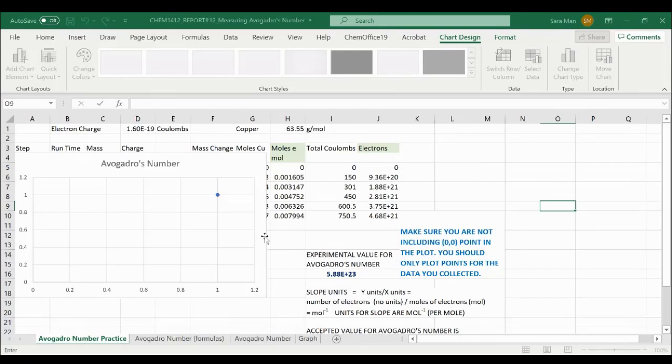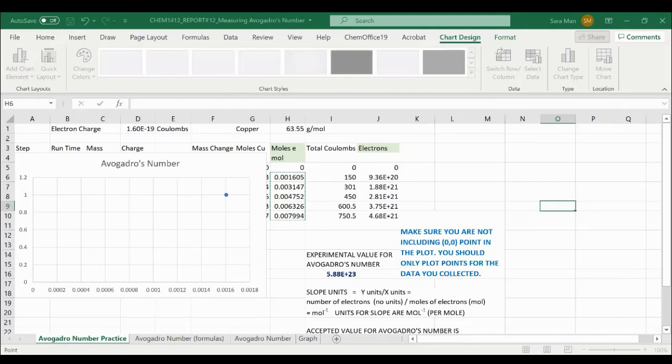Now we click on the series X and we highlight the column of the values. But remember, it specifically says don't include the 0. So we only want the values that we measured. So when you highlight, don't highlight the 0.